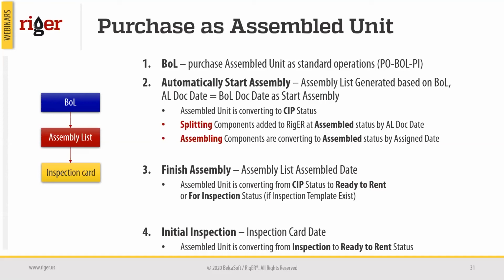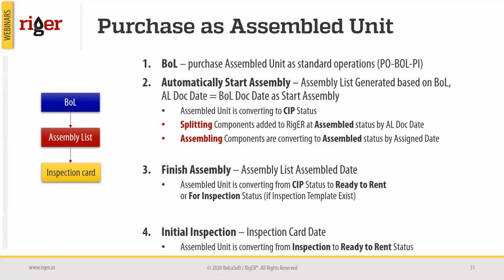Then, if in the assembly card we check mark that this is an assembly item, it automatically generates the assembly list. The assembly list will have two different types of operations. First of all, the type of the assembly list will be assembly purchases, and two different operations will be splitting components and assembling components.